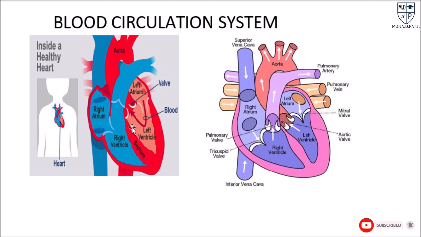The size of our heart is equal to one's fist. So if you close your hand, it becomes a fist. This size of heart is there in everyone's body. It weighs about 360 grams. It is covered by a double-layered peritoneal membrane.